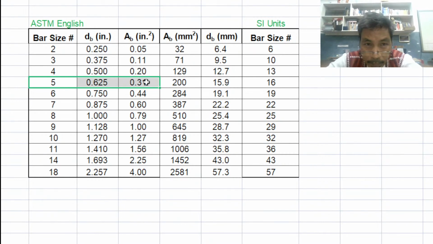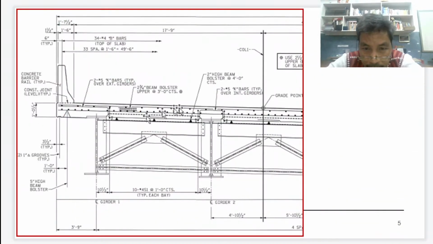Okay, that is number 5 bars for K bars. So meaning there are two of them, two number 5 K bars typical over interior girders.